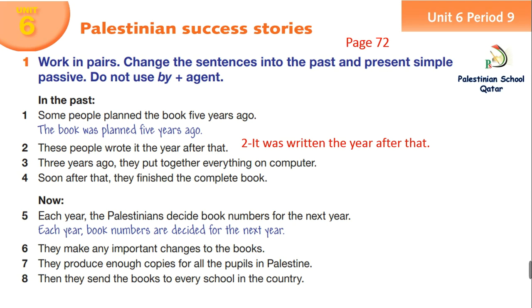Where is the verb? Put. Okay. Put everything on computer. Okay, but here I want you to keep 3 years ago as it is. So we will say 3 years ago everything on computer was put together.